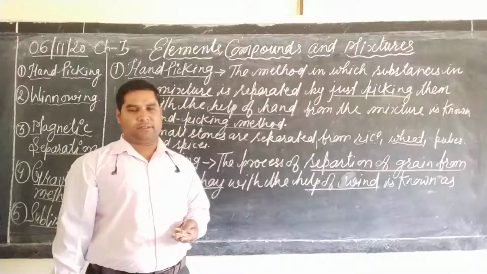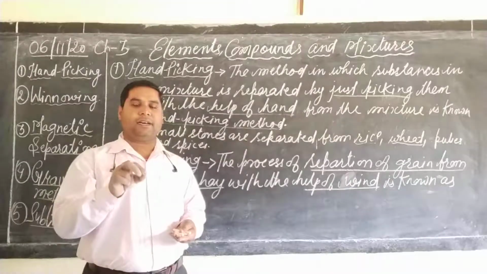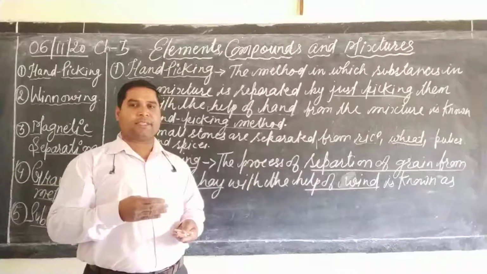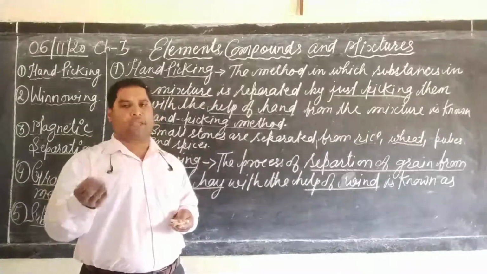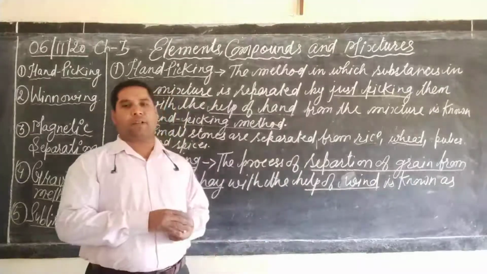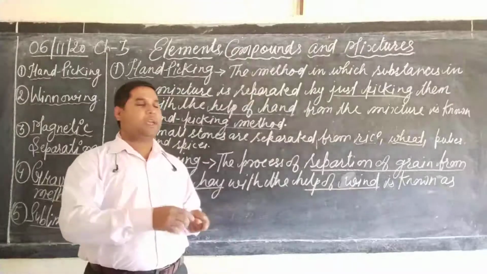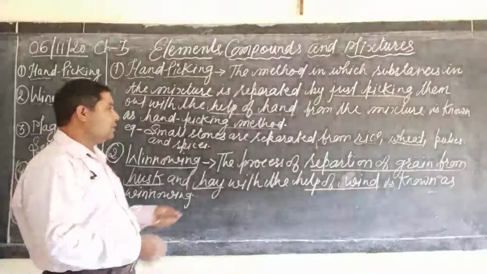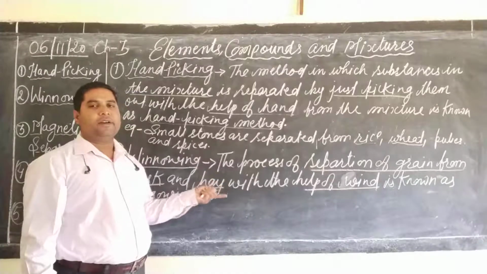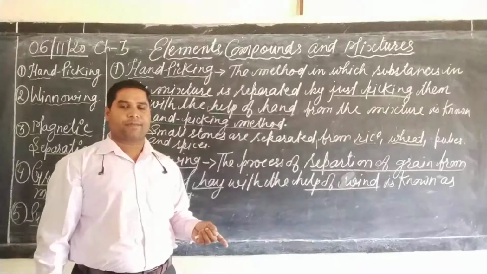In this method, of two solid substances, one is lighter and one is heavier. The lighter substance is taken away by the pressure of the wind, and the heavier one collects at that particular place. In this way, lighter and heavier solid substances can be separated.